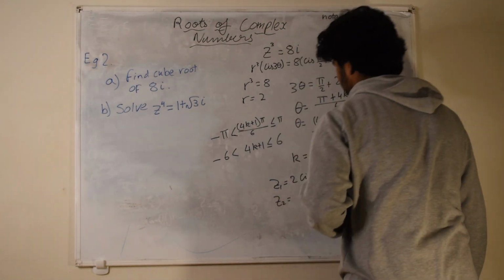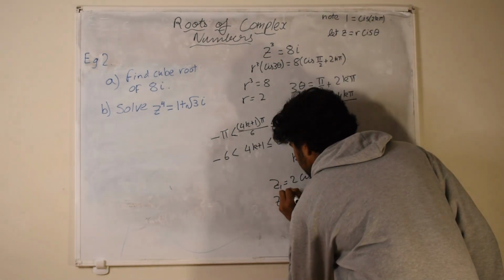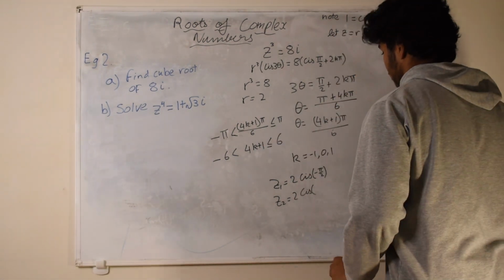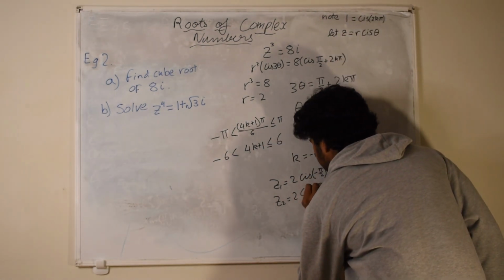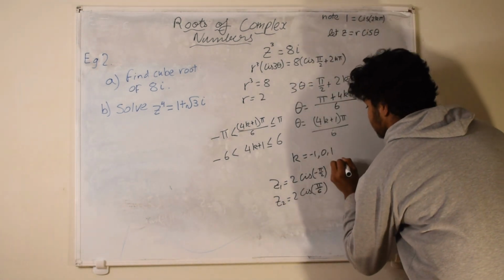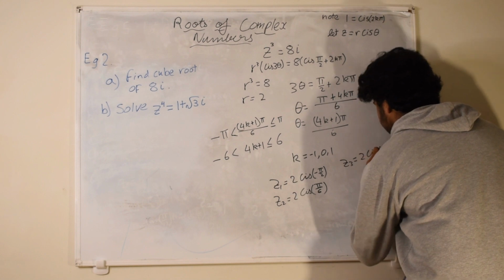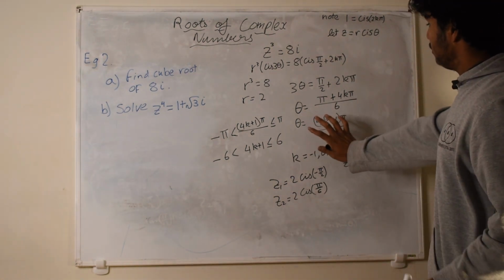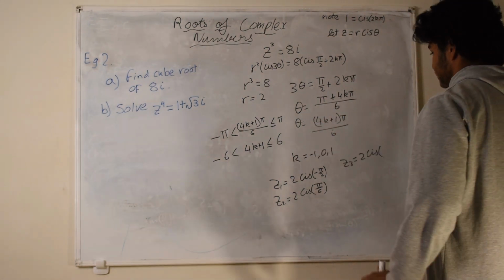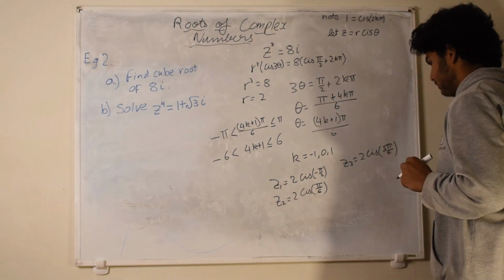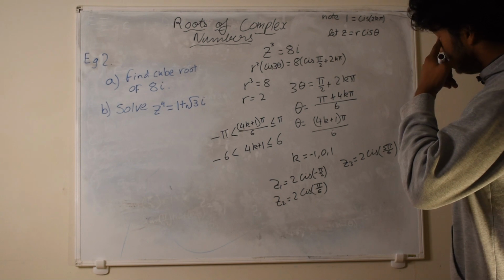Z2, same thing, 2 comes in front, cis, k equals 0, pi upon 6. And then z3 equals 2 cis, 4 times 1 is 4 plus 1 is 5, 5 pi upon 6.